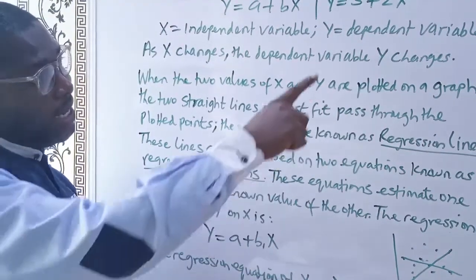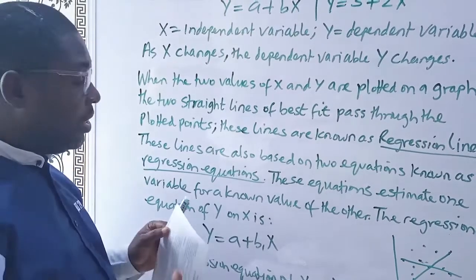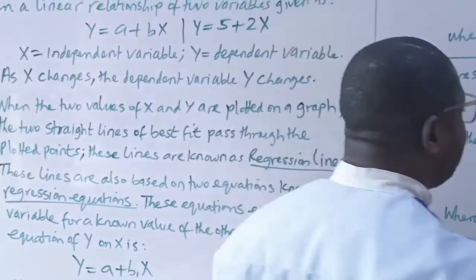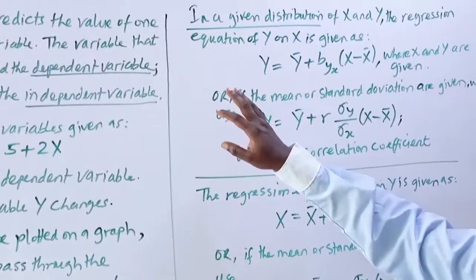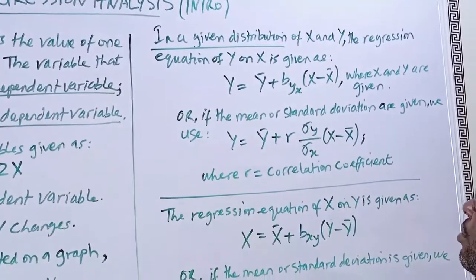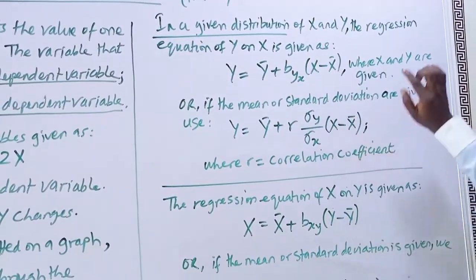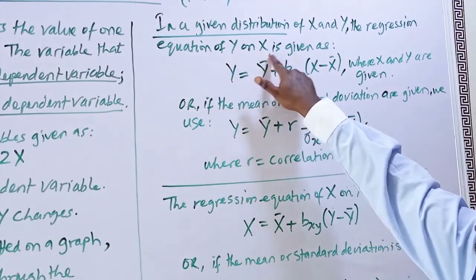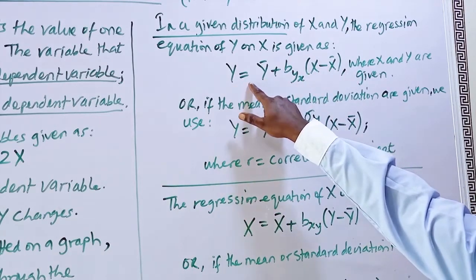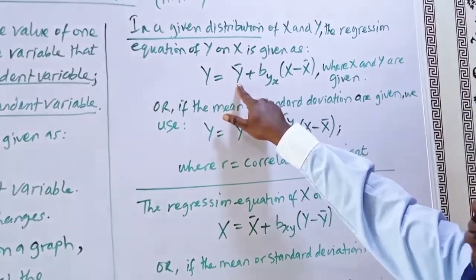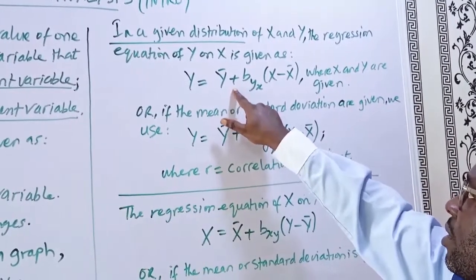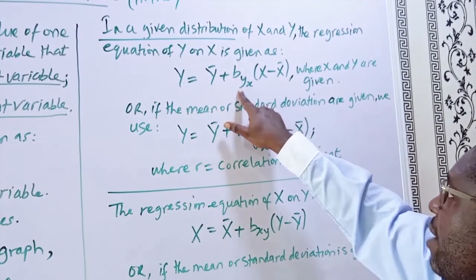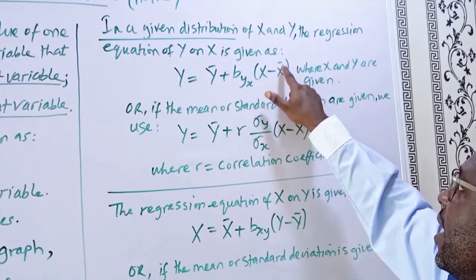Now, in that scenario, let's go to the other side of the board to see the regression equation that we have to be dealing with. Here we're saying that in a given distribution of x and y, the regression equation of y, that is predicting y based on x, is given as y is equal to the mean of y plus beta, which is your rate, your slope, y based on x, times x minus x bar.